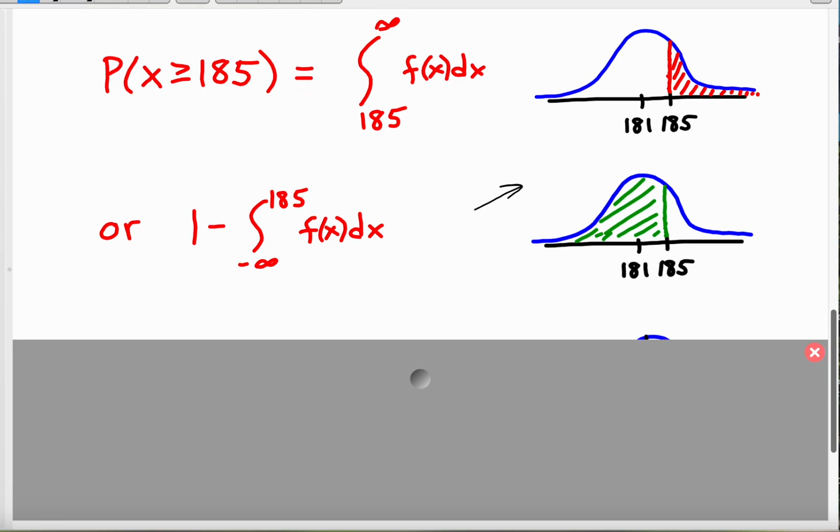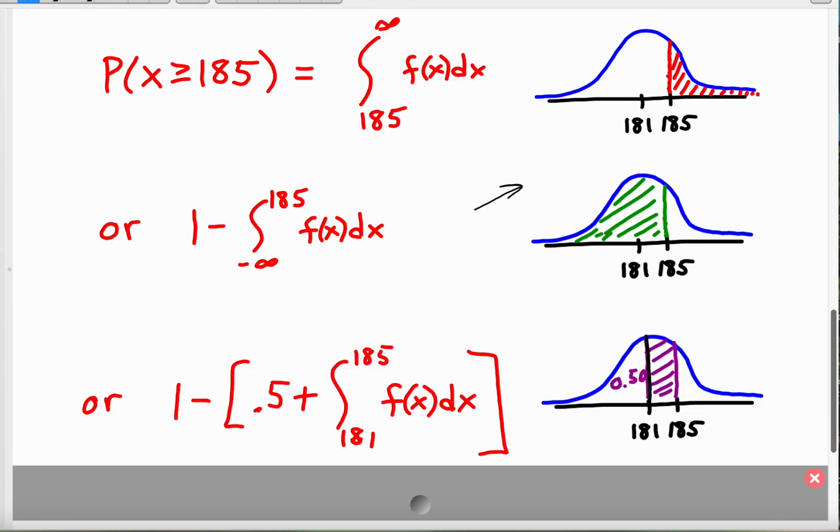There's another way we could think about it, and this is kind of a crazy way. If I think of this green area here as half, so that's 50% from negative infinity to the mean, plus the 181 to 185, that total, half plus 181 to 185, and then subtract that from 1.